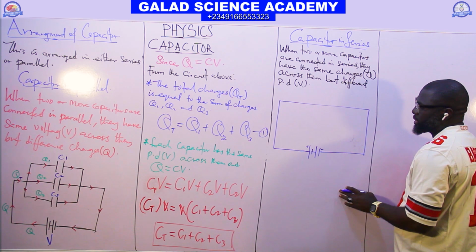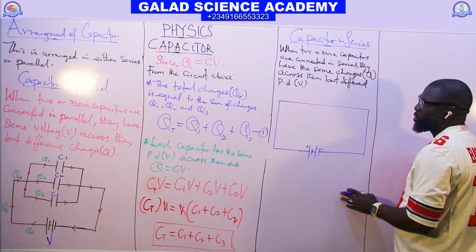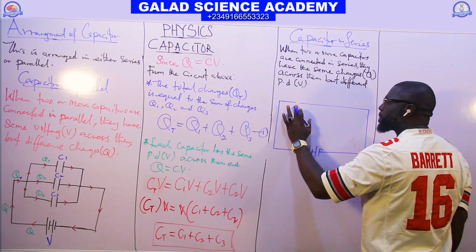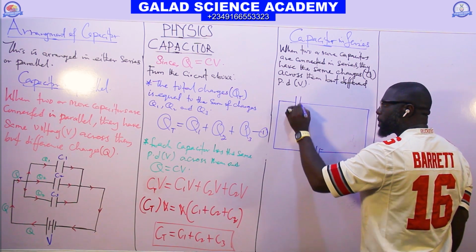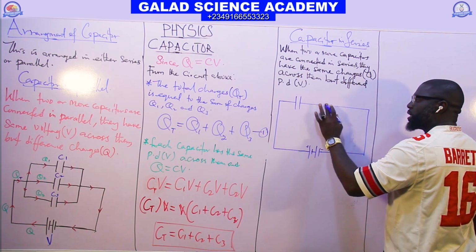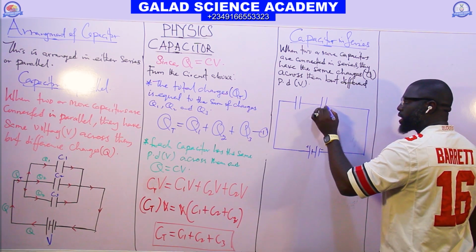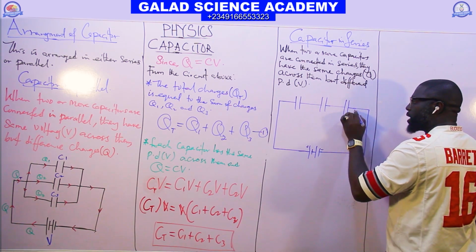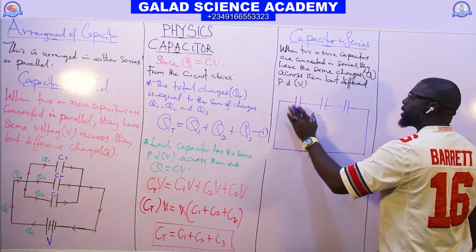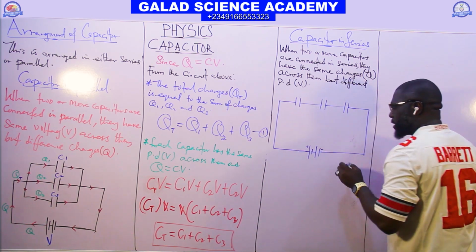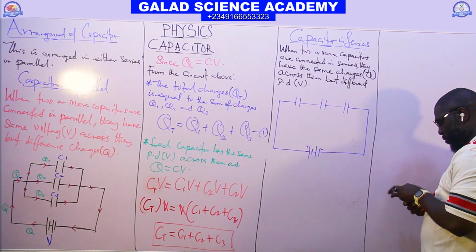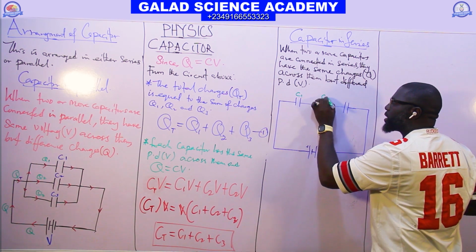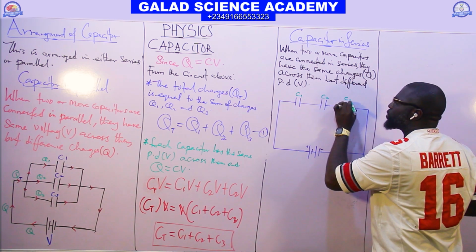Let me put my first capacitor here, the second capacitor here, and the third capacitor here. So we have C1, C2, C3.